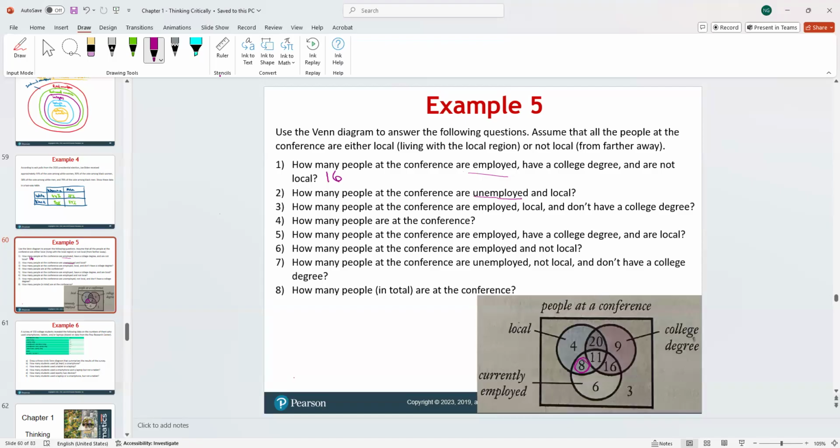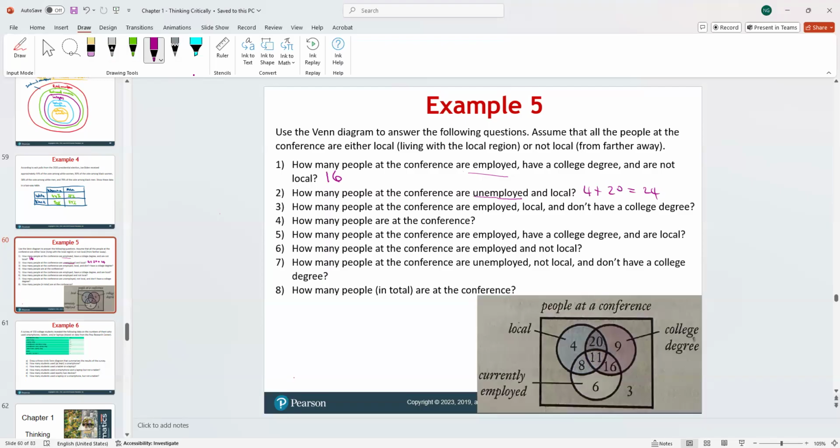And for the total local, if I also take the 11, the 11 would be part of the employed, but we said unemployed, those who don't work. Unemployed means those who don't work. In this case, you only have 4 plus 20, that makes it 24. Remember, we're dealing with the unemployed. Now, let's go with the next question.